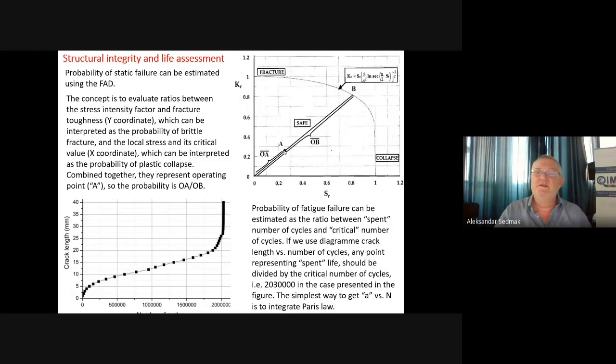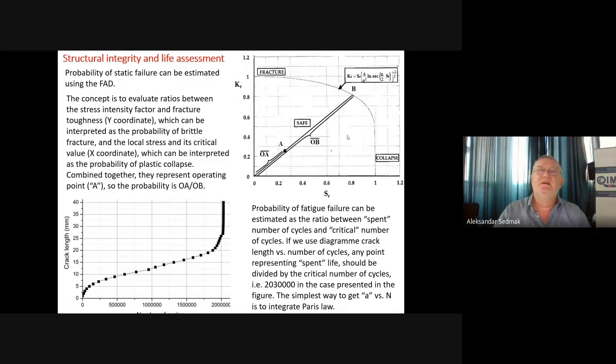So it is quite reasonable to assume that if this point is close to 0, the probability of failure is close to 0, and vice versa. If we go all the way to the limit curve and get to point B, probability becomes practically 1.